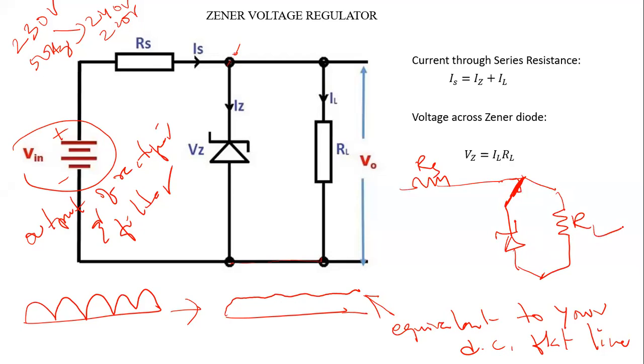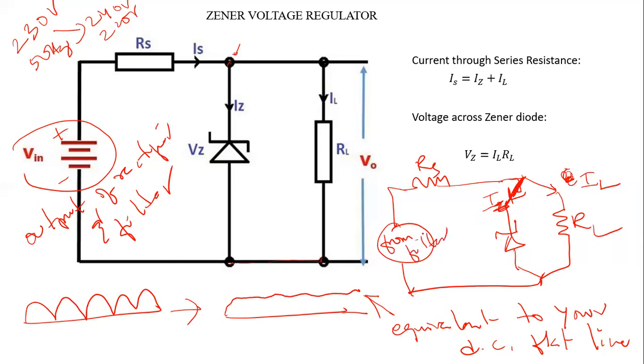Let's say the current passing through your load resistance is IL, and the current passing through this Zener diode is the Zener current, IZ, like we talked about in the morning. The circuit will be like this. You are getting this signal from your filter, so it's a DC, right?